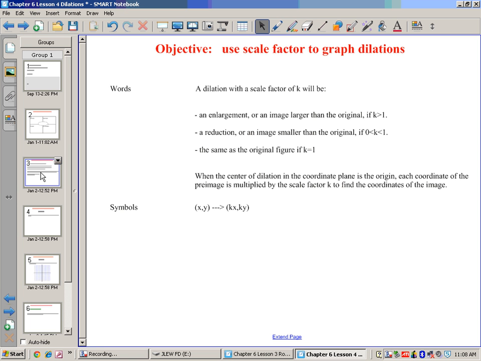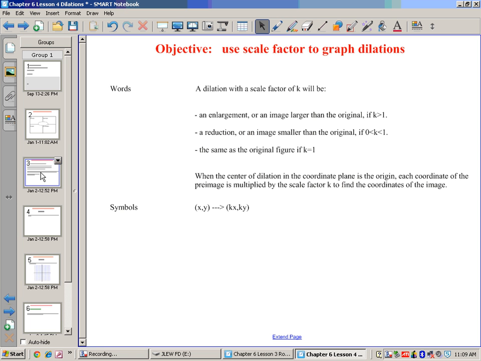A reduction, or an image smaller than our original, if our scale factor is less than 1 but greater than 0. Scale factor can't be less than 0, otherwise there is no image. Or the dilation is the same as the original if our scale factor, or k, equals 1. If it's 1 to 1, it's the same looking picture.